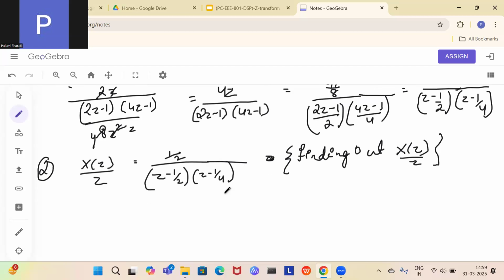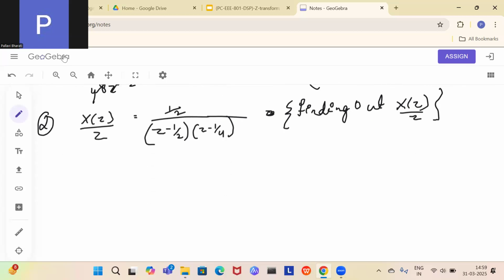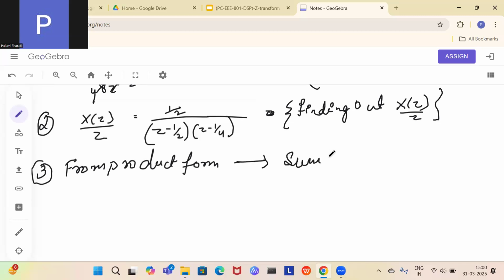Now the third step: we move into the actual thing of the partial fraction, that is, converting from product form to sum form. What does this mean? The left side will be the same as it is, X(z) by z.